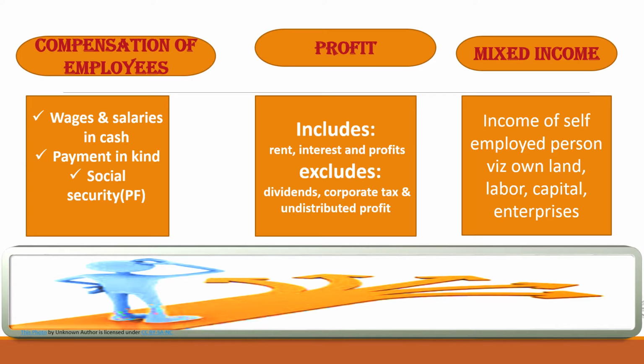And profit will include rent, interest and profits, but it will not include dividends, corporate tax and undistributed profits. Mixed income will include the income of a self-employed person, that is, a person with his own land, labor, capital and enterprise.